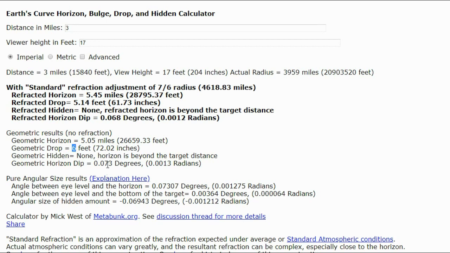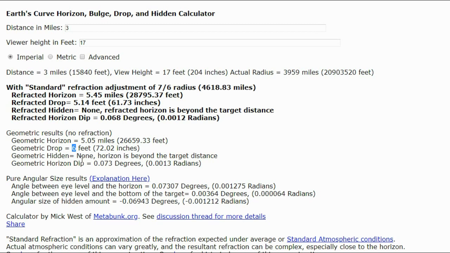Now, I ask this simple question. Do you think you will be able to tell the difference of 6 feet at 3 miles to 5 miles when you're looking at this vessel sail from left to right? It is in the ocean. It is 3 miles out. It is 5 miles out.